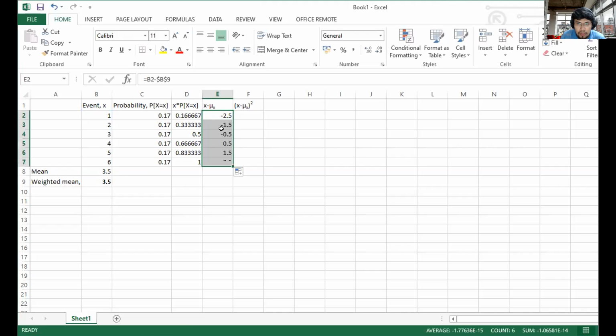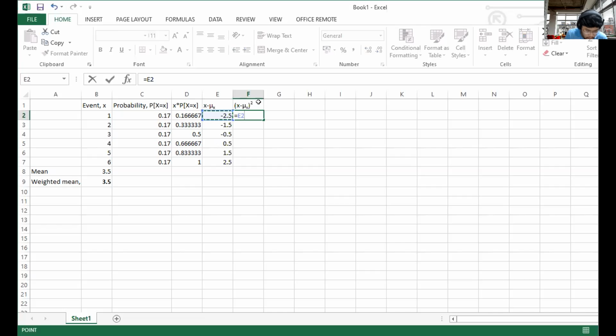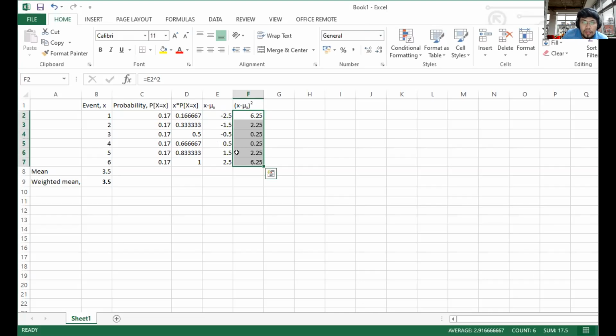If you drag this down, take note that it will not change, but the other column or cell will change depending on the specific column it is referring to. And we want this squared, so we just take this one and raise it to the square. Again, Control D, and we now get the sum of this value.